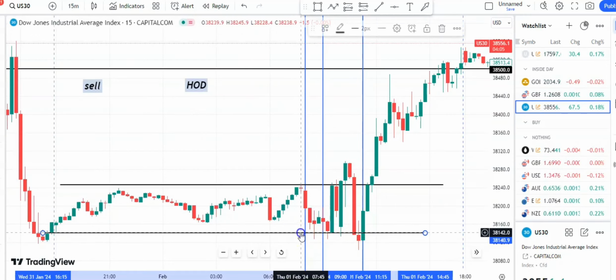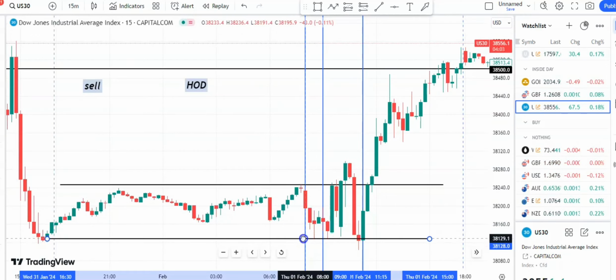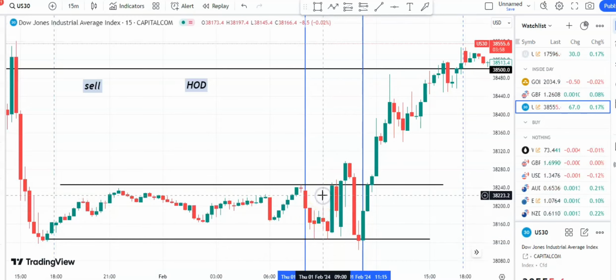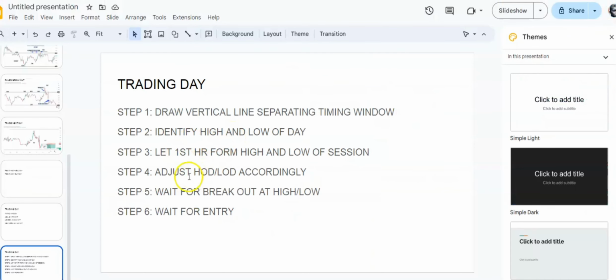So we adjust our new low to that level. So now we have a new low of the day, but the high of the day has not been violated. Now, we have adjusted the high and the low accordingly, depending on what the first hour did.